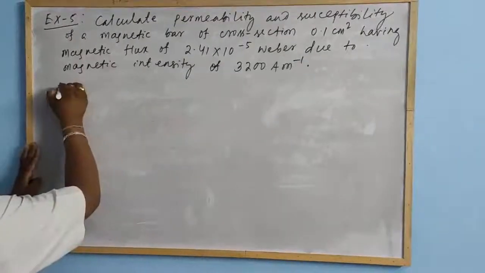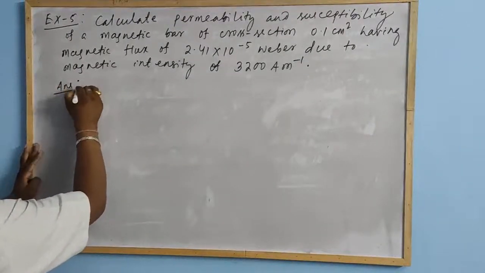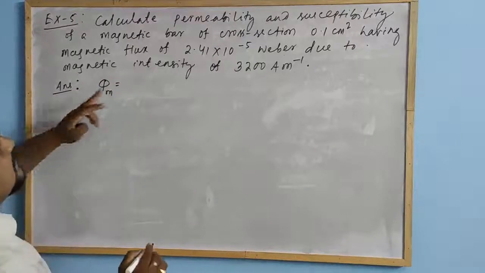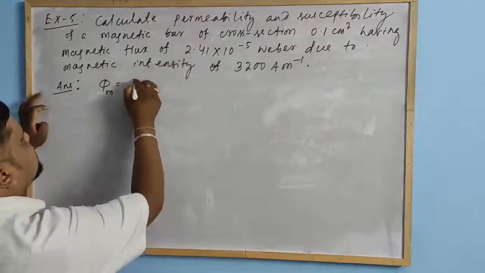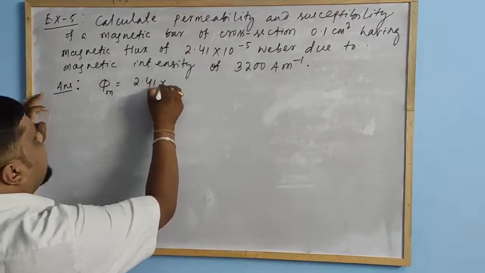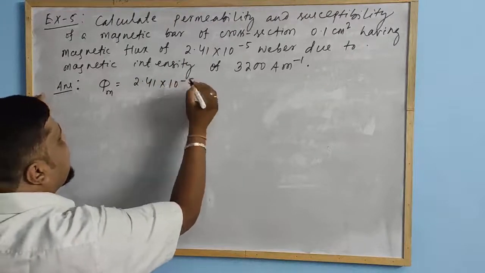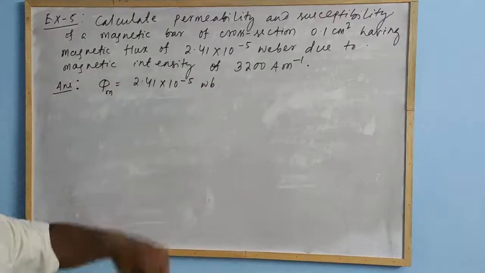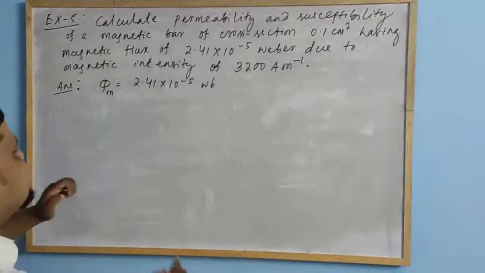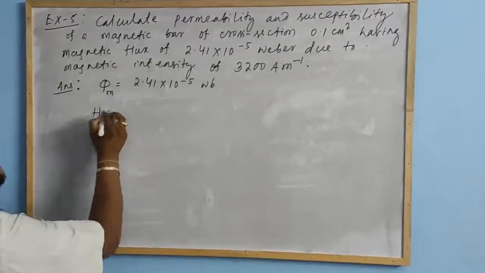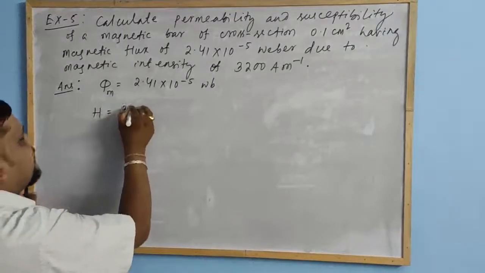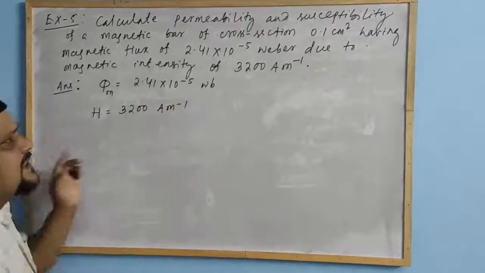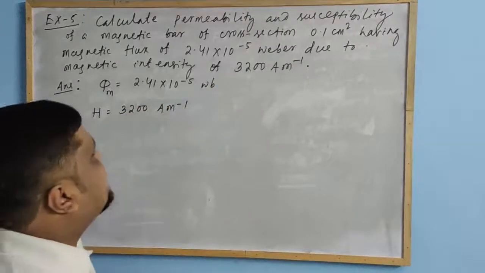Let me write what is given here. Magnetic flux, phi m, is 2.41 into 10 to the power minus 5 Weber. That is given. Due to a magnetic intensity H, that is 3200 ampere meter inverse. From the unit also you can know that this is your H.